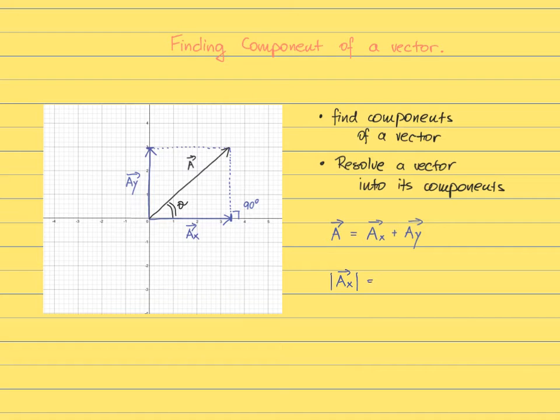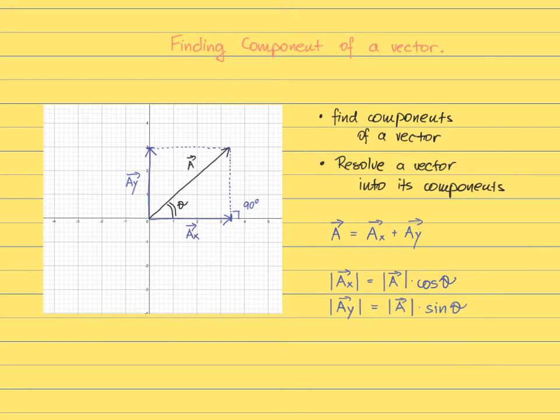Well, it's going to be the magnitude of vector A times the cosine of the angle theta, and the magnitude of vector Ay will equal the magnitude of A times the sine of theta. So what I'm doing here is simply using trigonometry.